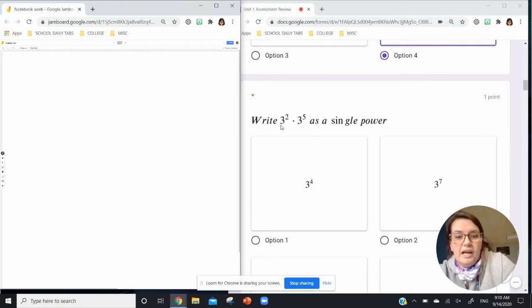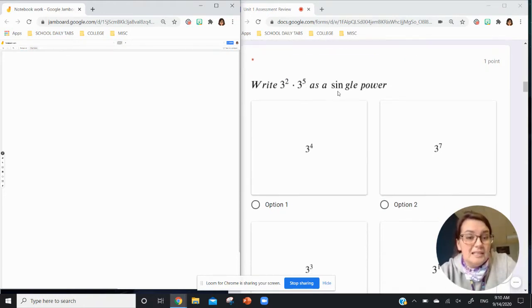Write 3 squared times 3 to the 5th power as a single power. So it wants you to do this operation. I don't have my notebook pulled up, but if you look in your notebook, there is a certain rule when you're multiplying: you add the exponents. The bases stay the same.